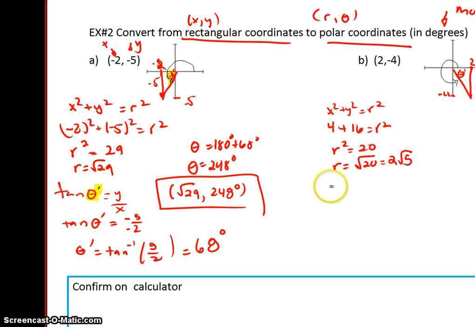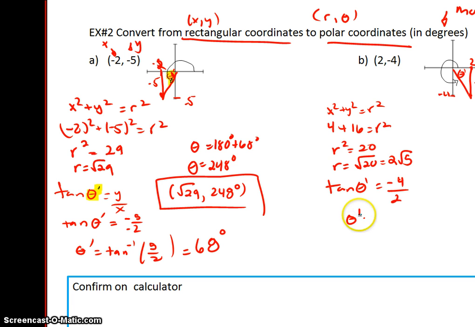Then we're going to do tangent of my reference angle, my theta prime. Tangent is y over x; my opposite is -4, and my adjacent is 2. I wrote -5, I said -4. So -4/2.